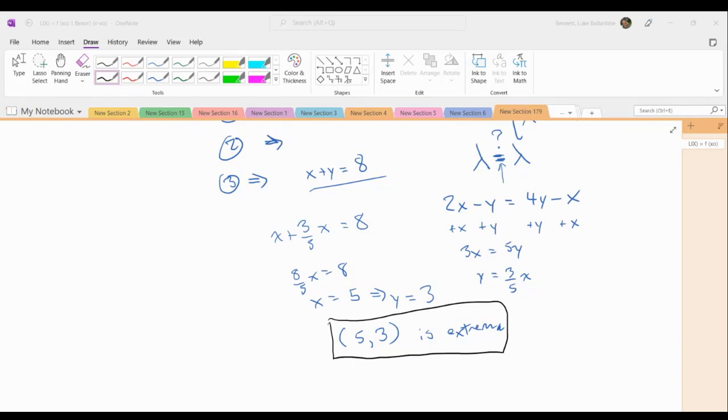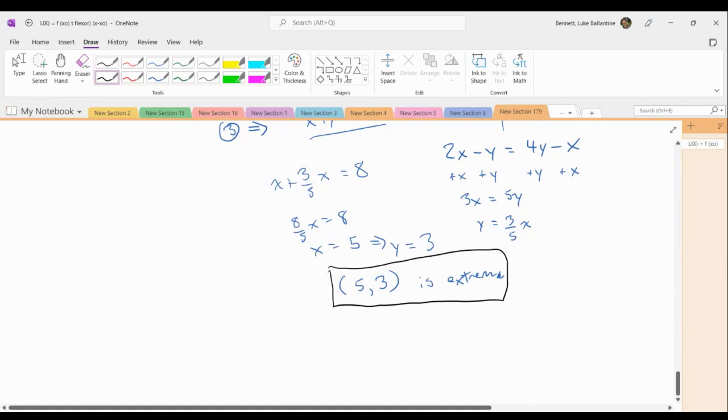And all that means is, I would stay on the line x plus y equals 8. But we could do f of 4, 2, and then compare this to f of 5, 3.